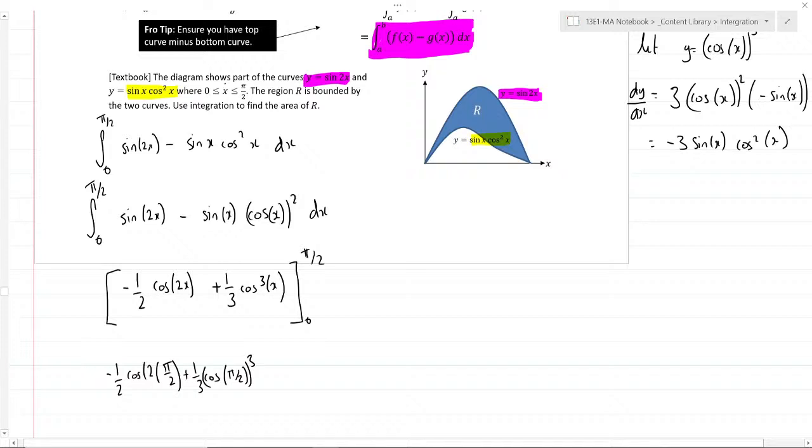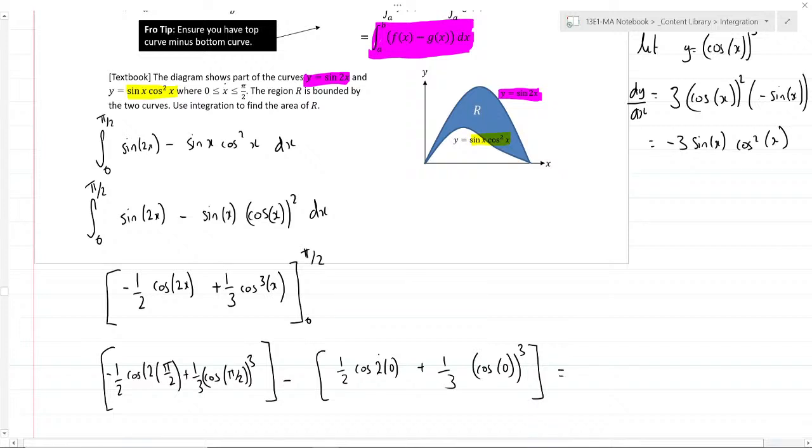Okay. All of that minus a half cos of 2 times by 0 plus a third cos of 0 all cubed.